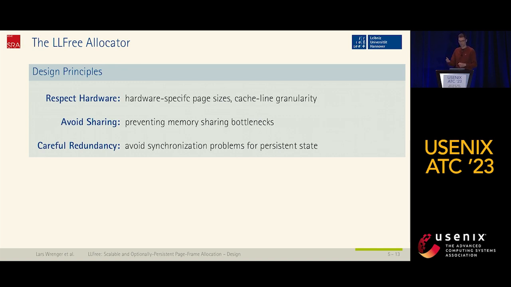And secondly, cache line granularity is also quite important if you want to have cache-friendly data structures. Then the second principle is to avoid memory sharing, which is a common performance bottleneck for multi-core algorithms. So it makes sense to constructively avoid memory sharing from the beginning.